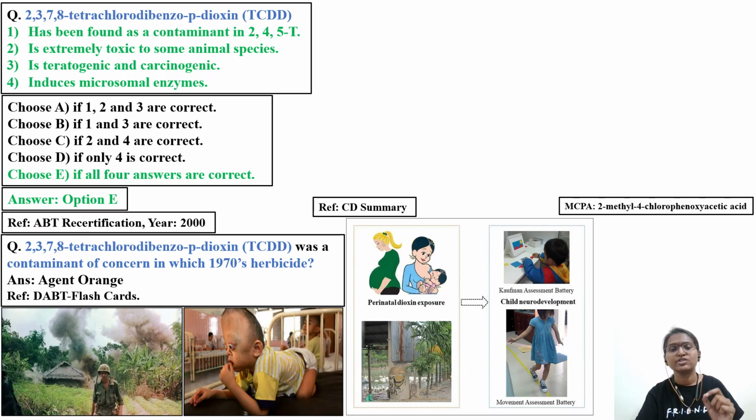It is used as a herbicide in order to kill the plants. To explain in a very simple way, Agent Orange was used as a herbicide in the Vietnam War, where a lot of guerrilla war was taking place because of the Vietnamese who were opposing American soldiers. They were doing ambush war by hiding themselves in the bushes.